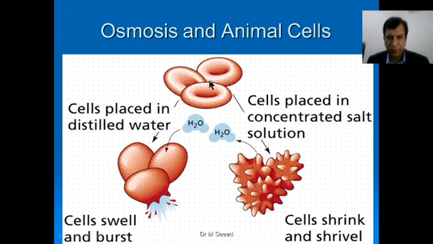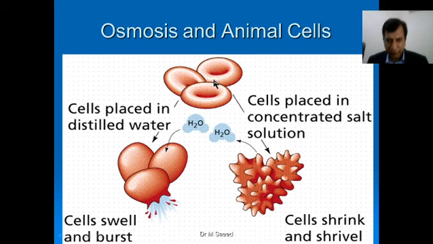This is what happens to the blood cells when they are placed in different types of solution, hypertonic and hypotonic solution. These are the normal dumbbell-shaped cells, RBCs, circulating in the blood. This dumbbell shape, all of you are familiar with, is to increase the surface area to receive more oxygen.